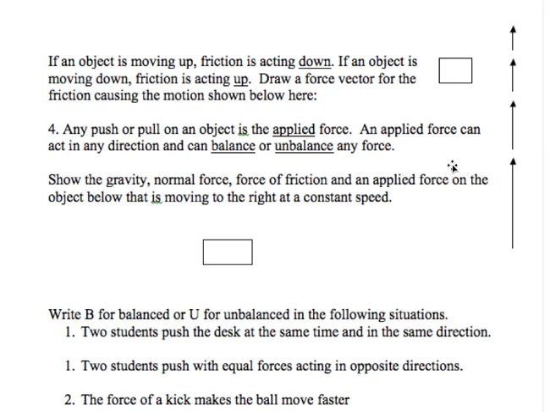If you have something moving across a table at constant speed, that means friction has to be balanced if it's going to have constant speed. So on this object here, show gravity, normal force, force of friction, and the applied force if the object is moving to the right at a constant speed. Do the motion map right here, and draw all of those forces.